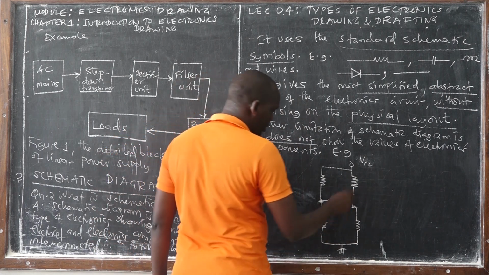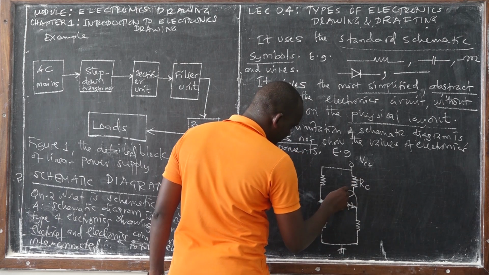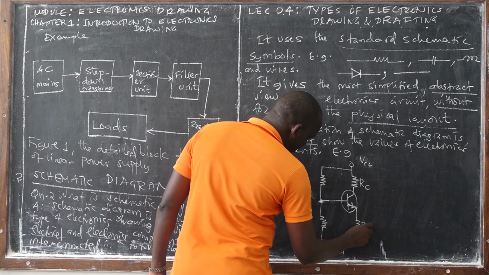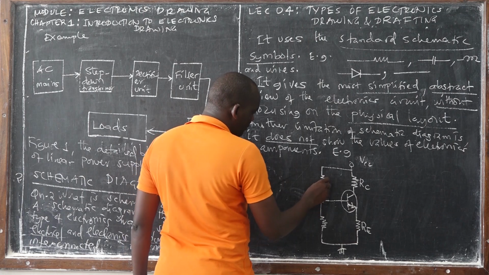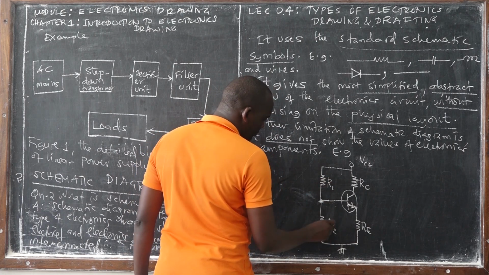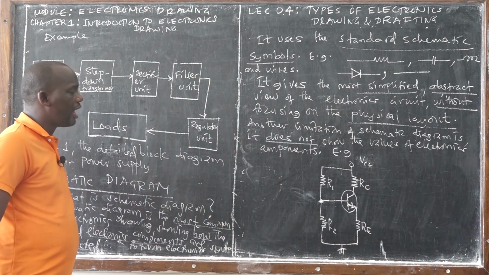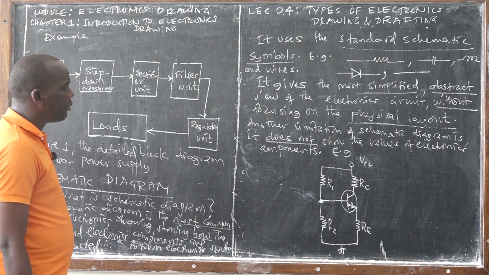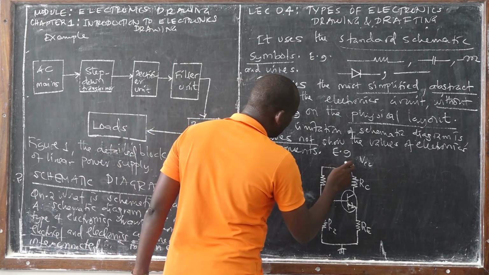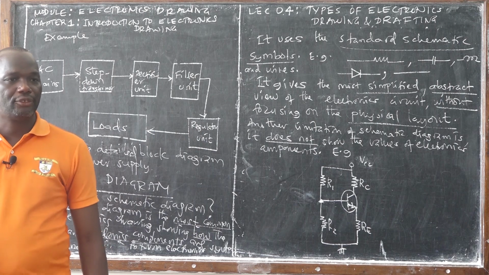So this is VCC, this is the collector resistor, and this one is the emitter resistor, and this is R1, this is R2. So this is a simple example of a schematic diagram of what we call a DC biasing amplifier.